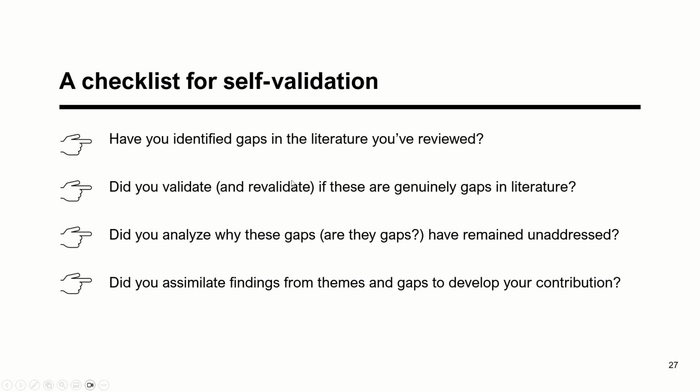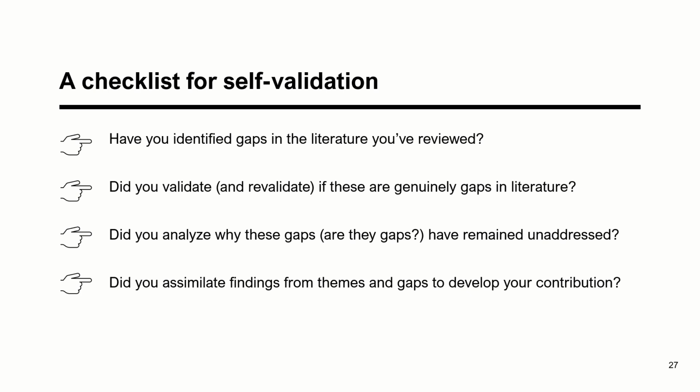And as we have always done in the previous sessions, here is a checklist for self-validation, if you've done this well. Look at whether you've identified any gaps in the literature that you've reviewed. It's important that you call out certain gaps. Did you also take a step back and validate if there are actually gaps? Did you analyze why these gaps have remained unaddressed? Is that an important gap?